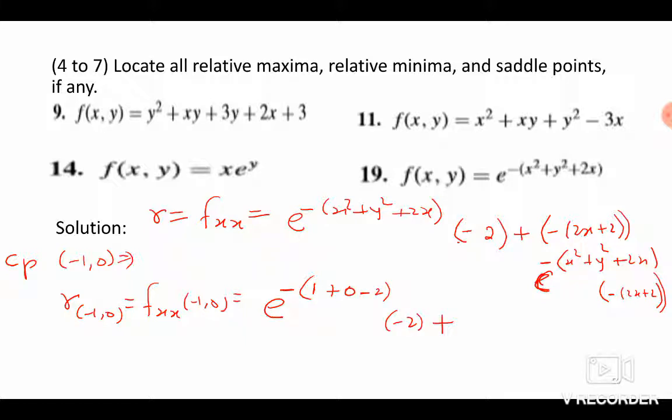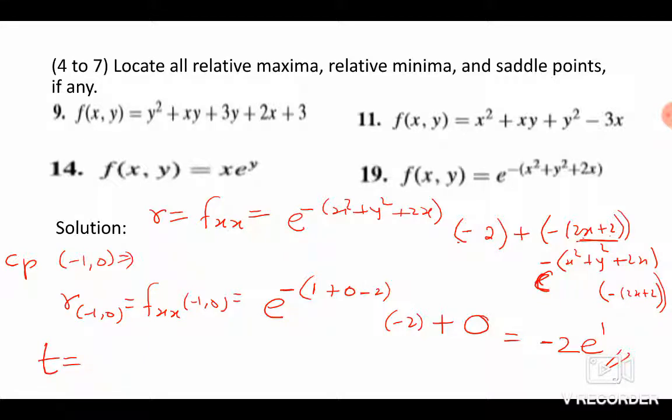This side, 2x plus 2, x value is negative 1, so minus 2 plus 2 is 0. So everything will be 0 except the first term. This is 1 minus 2 minus 1, 1 minus 1, e raised to 1. That is e. So r is negative 2 times e. Actually r is negative. Find t.